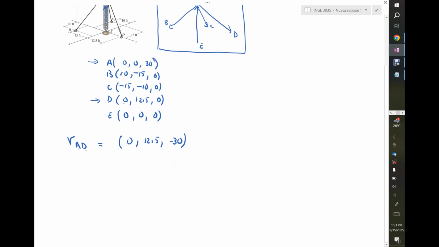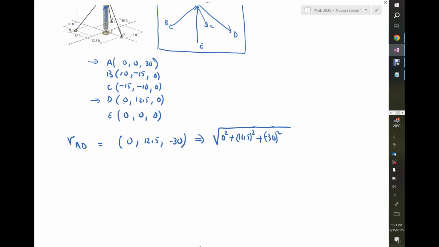What else do we need here? We need the magnitude, as always. So let's work out the magnitude. The magnitude will be everybody squared. Just for the sake of the argument, let's put the 0, the 12.5, and the minus 30, plus minus 30 squared. Remember, minus 30 squared would be a positive number.